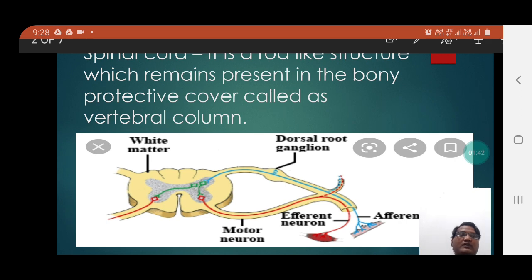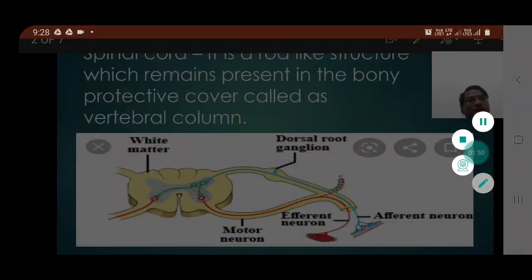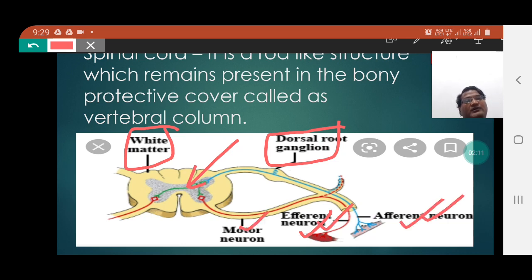Students, in this diagram, you can also notice the presence of white matter and dark gray matter, the dorsal root ganglion, the efferent neuron, the afferent neuron, and the motor nerve neuron.